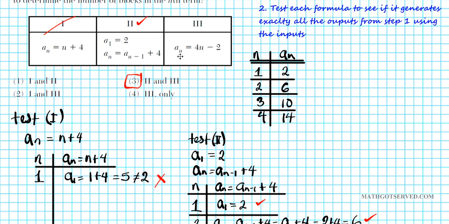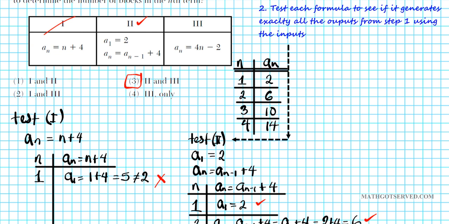I want to show you option 3 just for certainty, that option 3 is going to work also. All right, so I've divvied up my workspace. Let's go ahead and test option 3. We should get the same output.